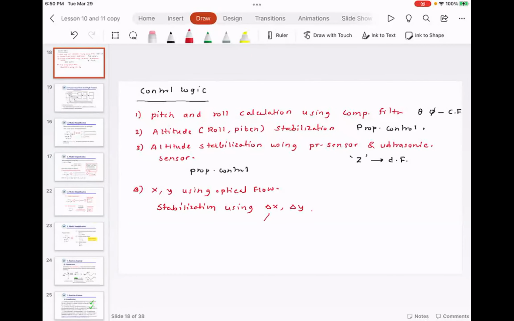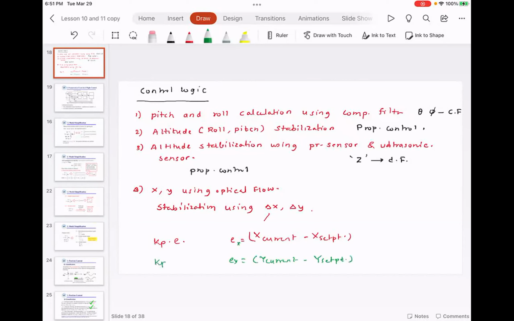So what this means is X current minus X set point will form the error, and you will have a control Kp times error. This is Ex, Ey, Y current minus Y set point.